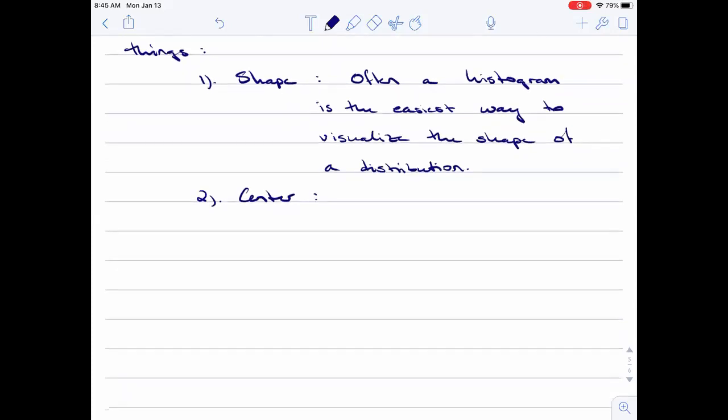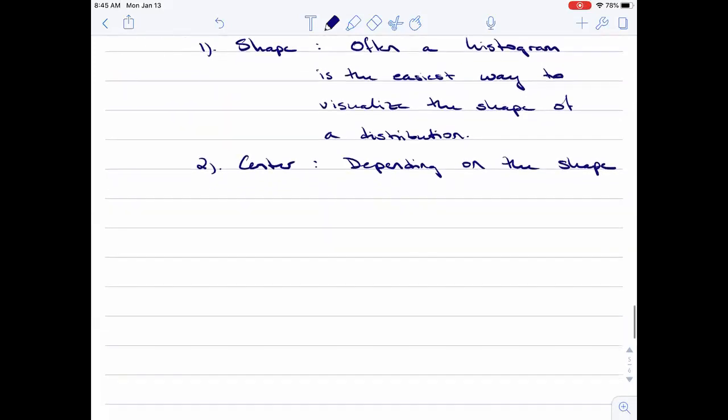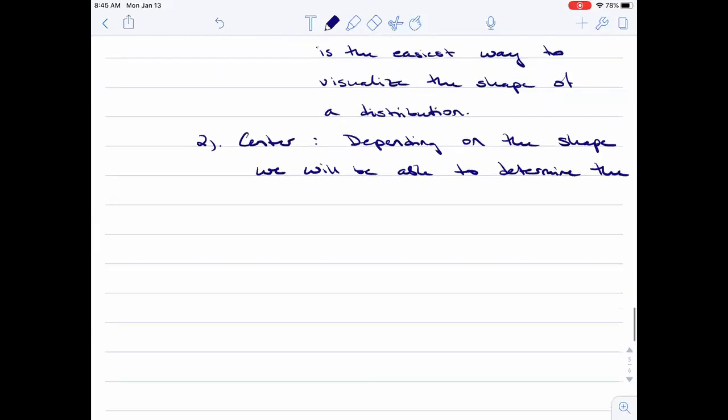And so today we'll just go through and talk about all of these so that we know what all the shapes are, what all the centers are, and what all the spreads could be. Okay? So for the center, depending on the shape, we will be able to determine the most appropriate measure of center.